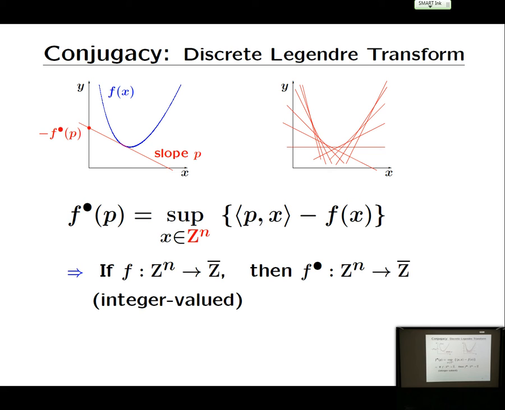In formula, the conjugate function is defined as the maximum of something: the inner product, a linear function, minus the given function. This is the usual construction, except that the maximum is taken over integer vectors, because the function is defined on integer vectors. And if f is integer valued, then the resulting function is of the same type.